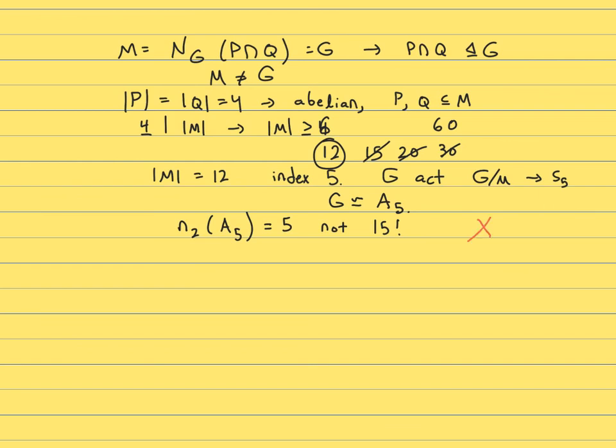Although it's worth completing the proof. Why are there 5 Sylow 2 subgroups in A5, where you're looking for 5 subgroups of order 4? It's not too hard to check that our favorite Klein 4 group is still in here.